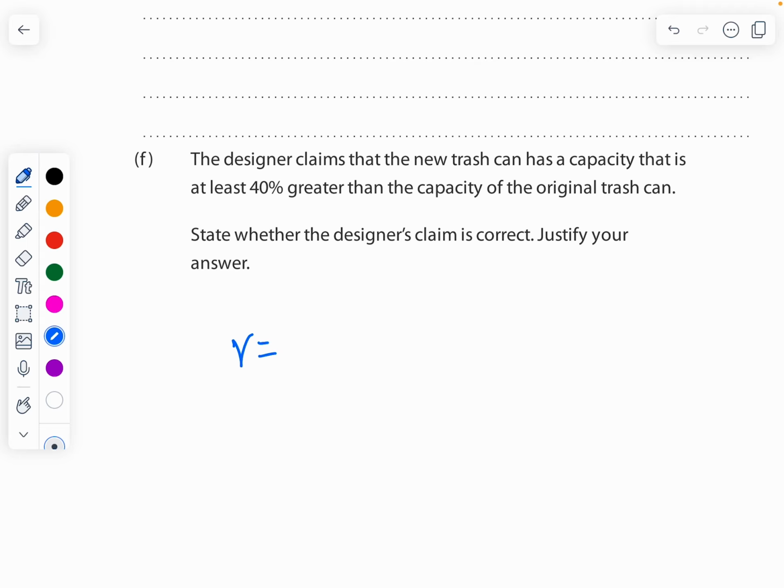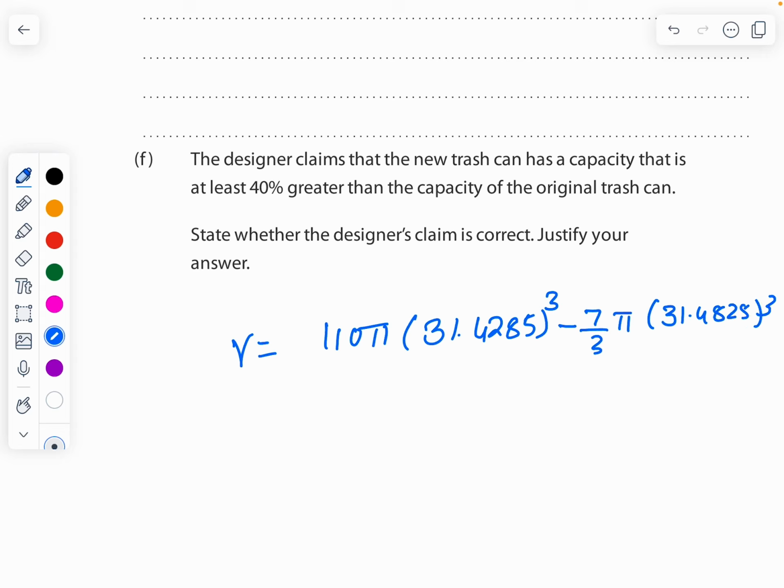So volume was 110 pi r squared minus 7 upon 3 pi r cubed, with r as 31.4825. Simplify that, you should be able to get that answer.